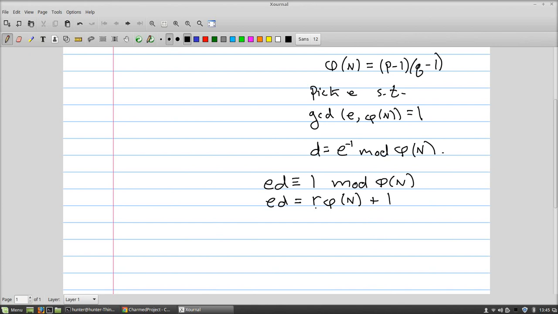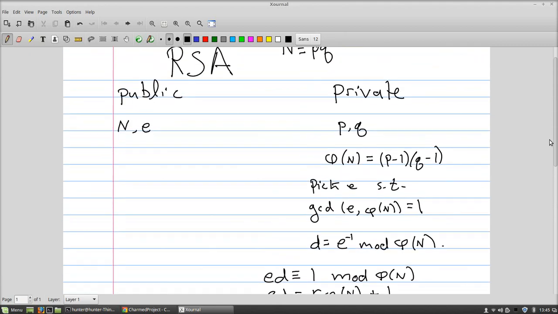Look at all the things that are known here. E and D are known, and 1 is known, and there are not that many possibilities for R. So you can solve for phi of n, and once you know phi of n, it's very easy to find P and Q, so you have to keep D private.